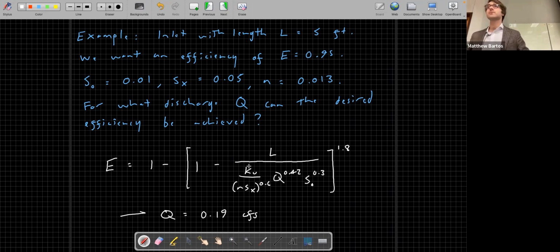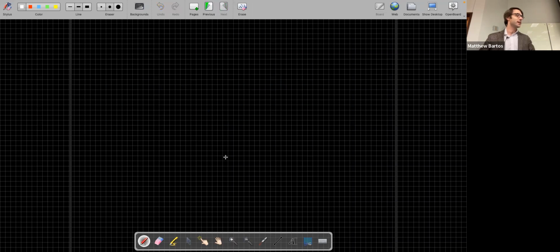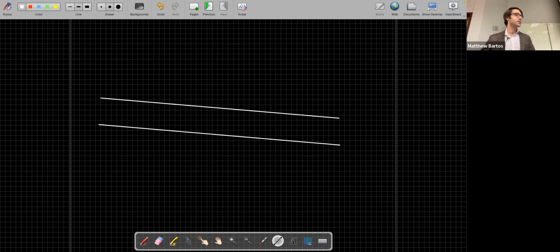There were two components of curb inlet design. If we go back to our drawing of the curb inlet design problem, there were two different components we were interested in, and we talked a bit about the first one.